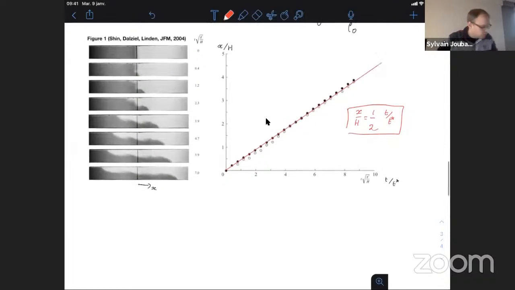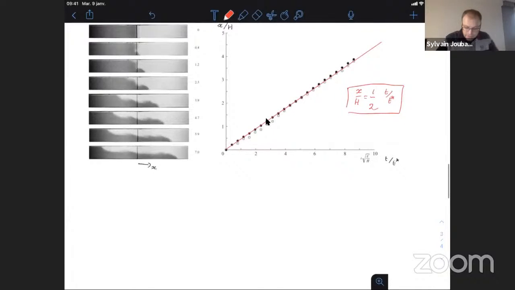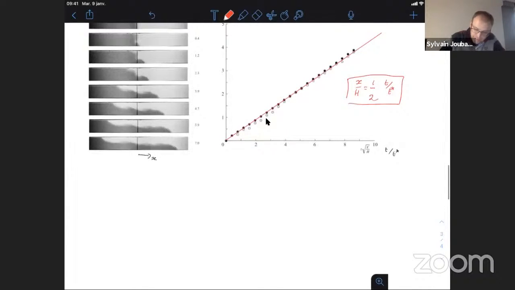And if you rewrite the quantity, x over t is u, and you have u is 1/2 the square root of delta rho over rho g h, which is a quantity that is given by the Froude number, 1/2.